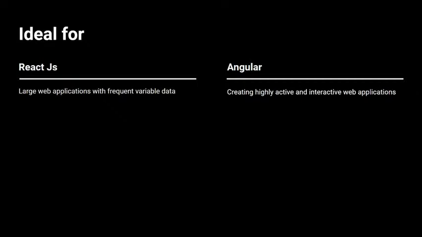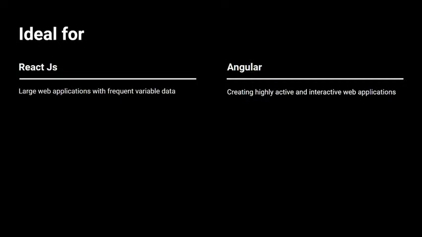And what is the ideal use? React.js is used for a lot of large web applications with frequently variable data, which means if your application has frequent data changes. For example, if you're going to design a dashboard or an admin panel for data tracking or a warehouse project, then it's highly recommended to use React.js.